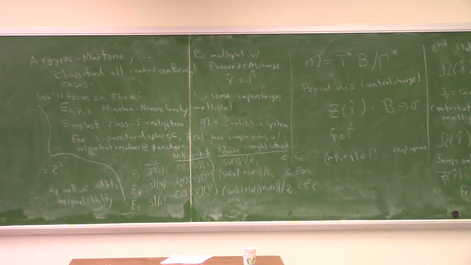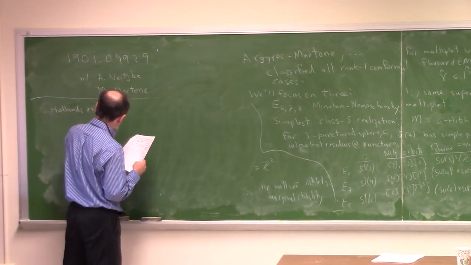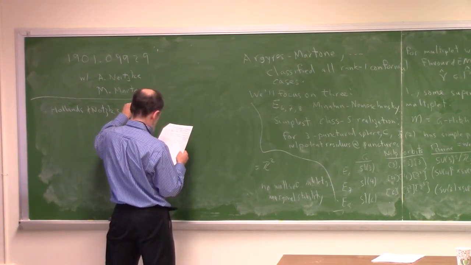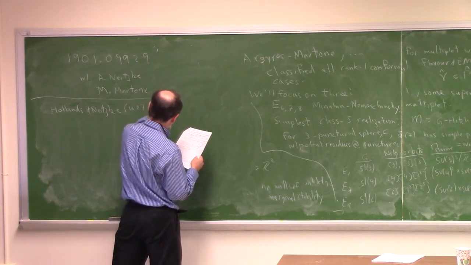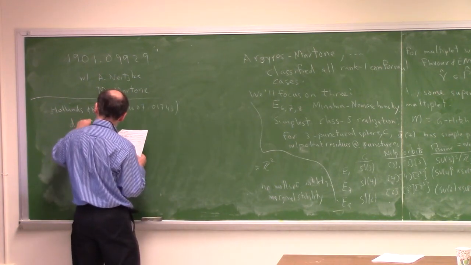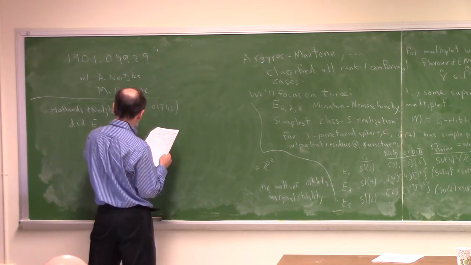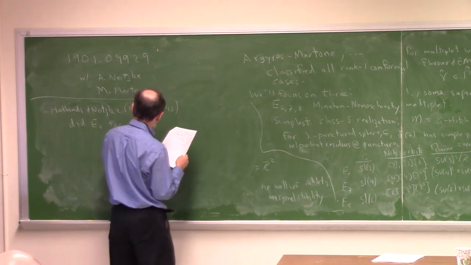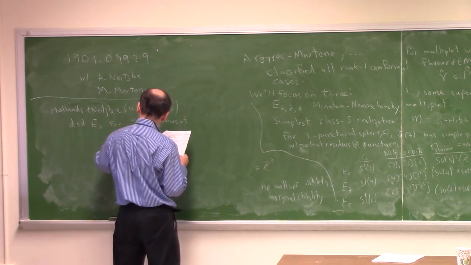Hollands and Neitzke, so maybe this time I'll actually give a reference. 1607.01743, did the E6 case for easy choices of charge vector, electromagnetic.